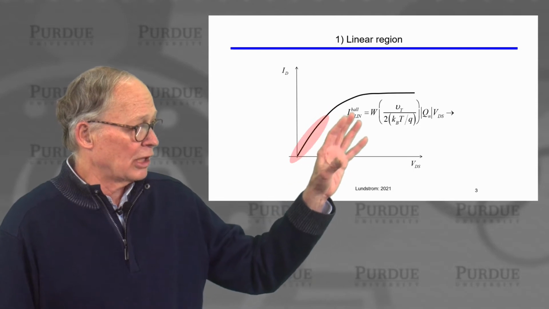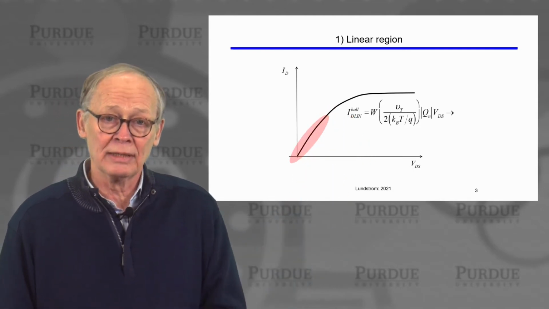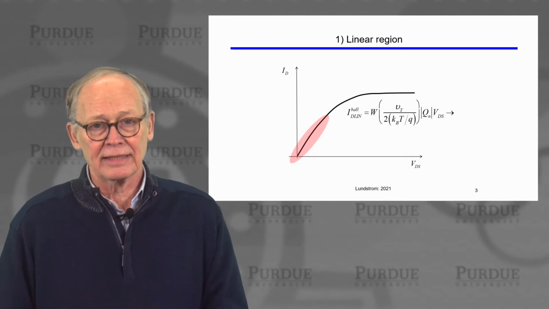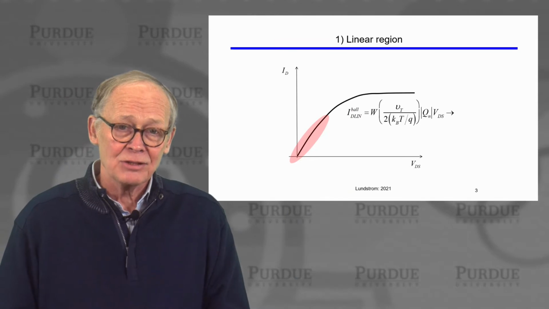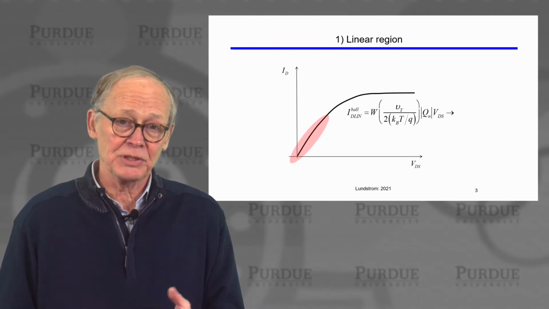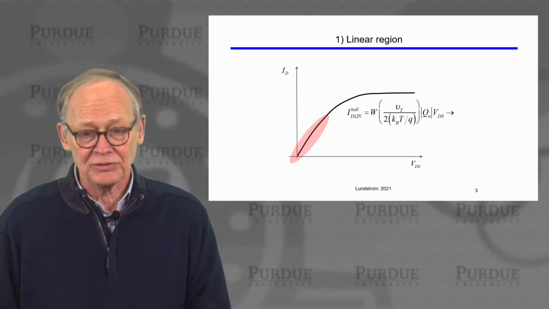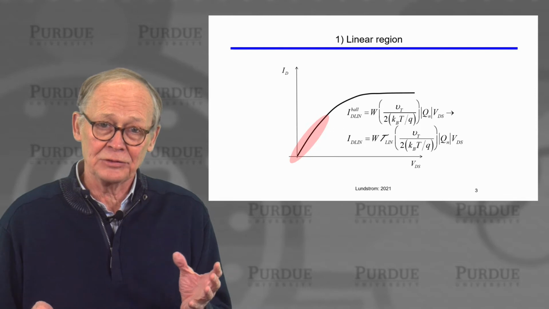So you recall that we developed a theory when the transmission was 1 for the ballistic current in the linear region. And this is what we obtained. You might guess that all we need to do is to multiply now by the transmission, and we can include the effects of scattering. Well, that's correct. That's all there is to it.